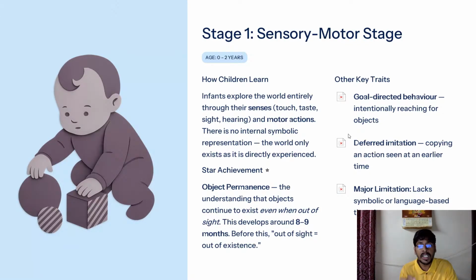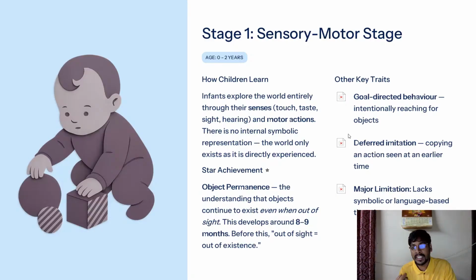And other key traits: goal directed behavior, intentionally reaching for objects. So when the infant attains 8 to 9 months, because they start remembering and understanding the objects, they try to reach the objects intentionally. That's a goal directed behavior.